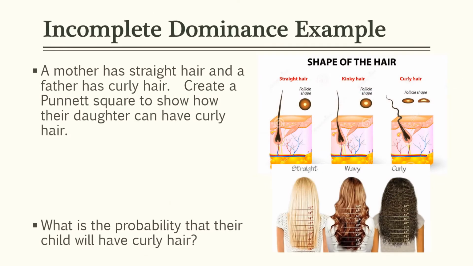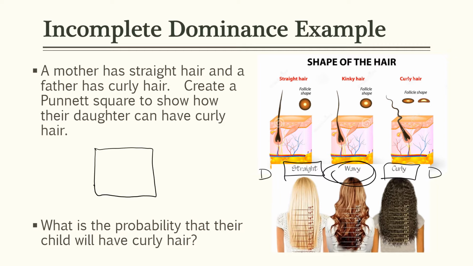So let's take a look at this example here. A mother has straight hair and a father has curly hair. Create a Punnett square to show how their daughter could have curly hair. So if we create this Punnett square here, so we have a mother who has straight hair, and in this case, straight hair and curly hair are going to be the dominant traits, and the wavy hair is going to be that heterozygous trait that we see an incomplete dominance with.